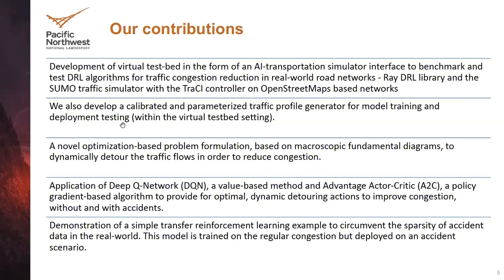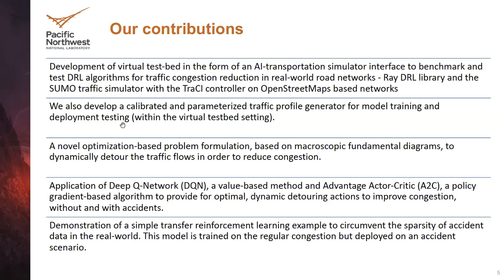And then we apply deep Q network and the Advantage Actor Critic methods, a value-based method and a policy gradient-based algorithm, to provide detouring actions to improve the congestion with and without accidents.